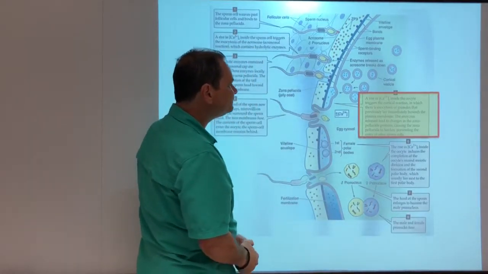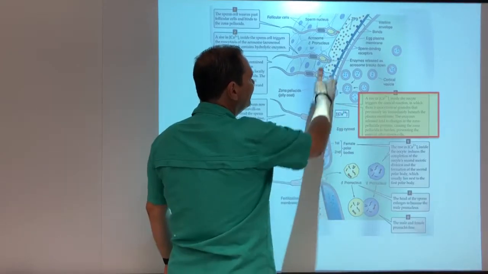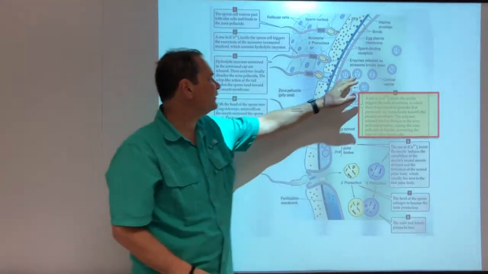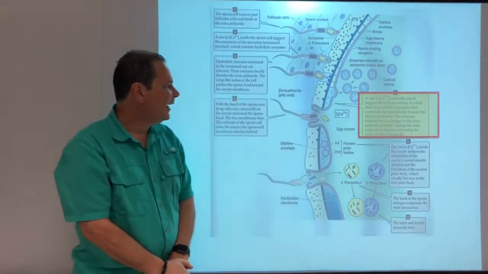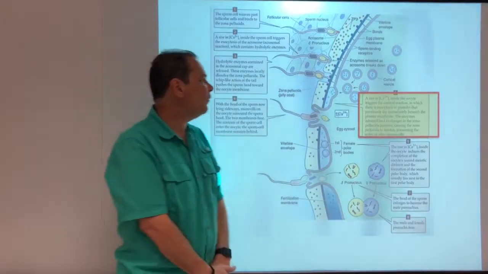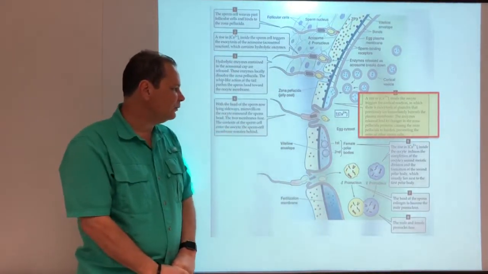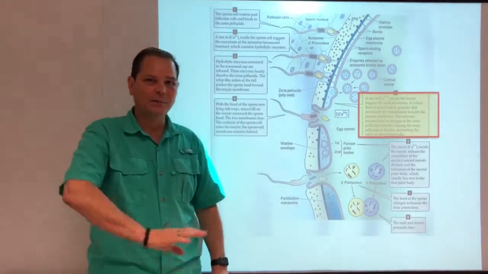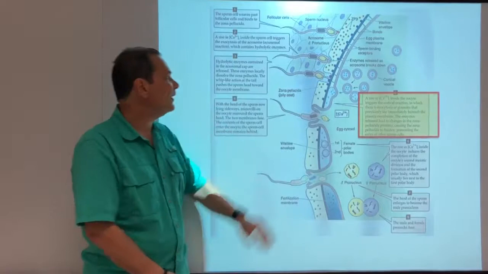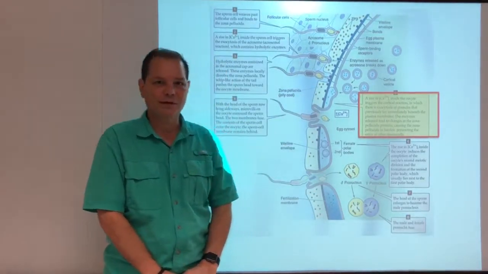These release enzymes onto the zona pellucida. These vesicles are just underneath the membrane, and that hardens the zona pellucida. That's the cortical reaction, the process by which you harden the zona pellucida to keep the rest of the sperm that are all trying to get in out. So that hardens this layer so the other sperm can't dissolve that layer away and get in.